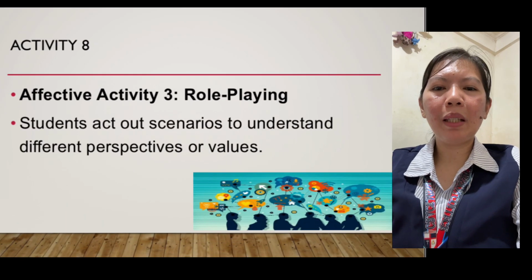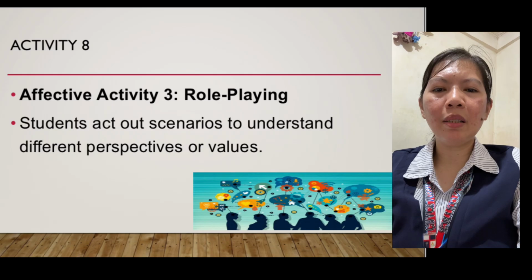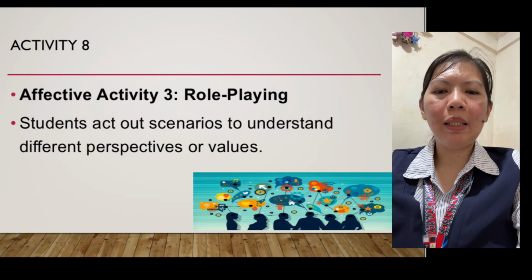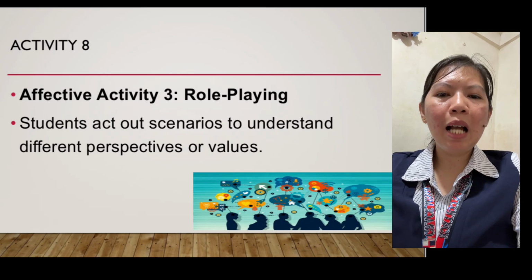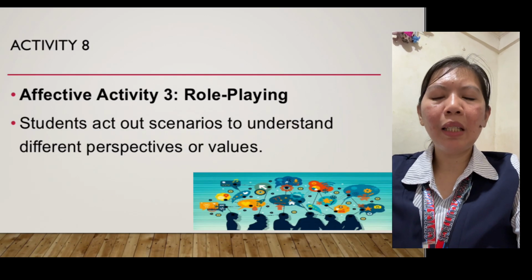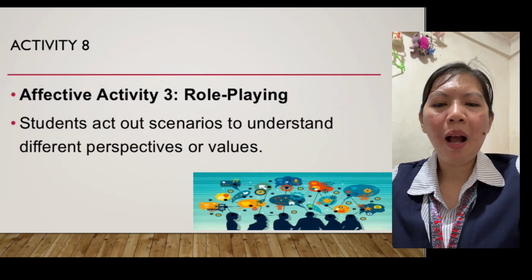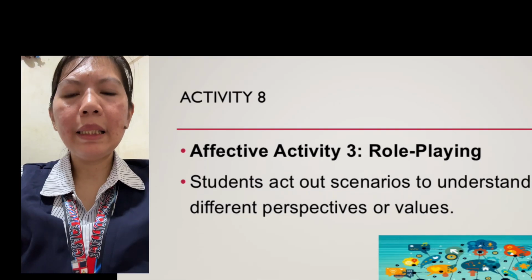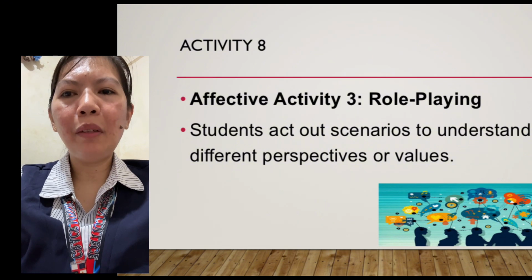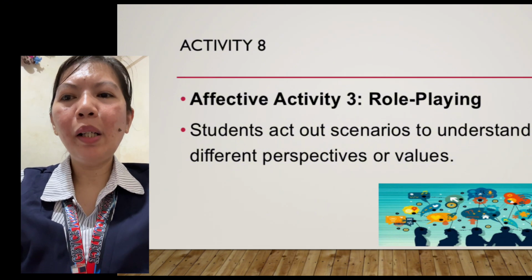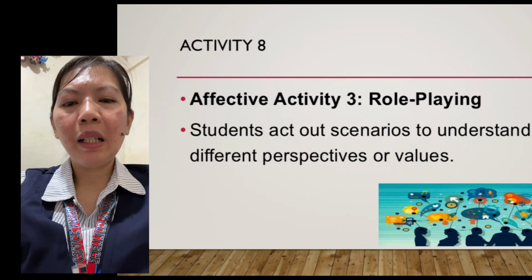The third affective learning activity is role-playing, where the learners act out scenarios to understand different perspectives or values. As the student acts respectfully in his or her group activities, it is characterizing.